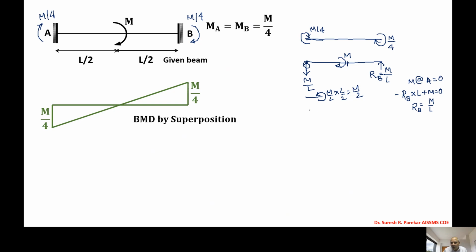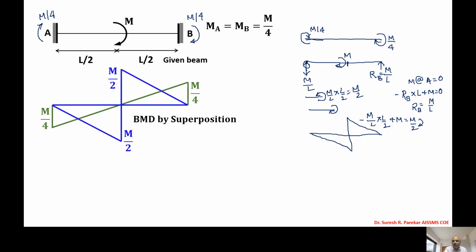We will get M by L into L by 2, this will be anti-clockwise, plus M, and we will get plus M by 2 clockwise. Now you plot clockwise. So how will I get this diagram? Just left of M I have below, and just right of M I have up. So likewise, you can see over here.